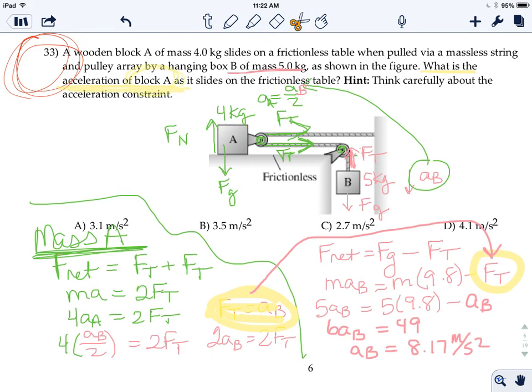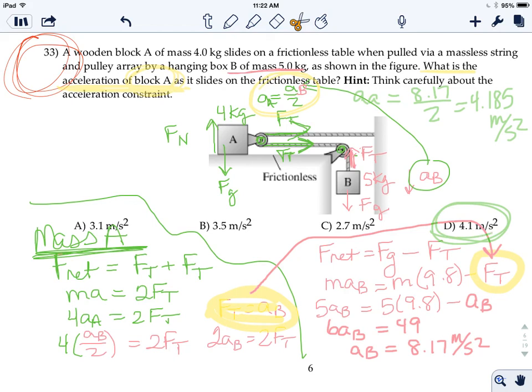So we know the acceleration of block B is 8.17, but remember we said the acceleration of A was half of B. So the acceleration of A is equal to 8.17 divided by 2, which gives us 4.185 meters per second squared.